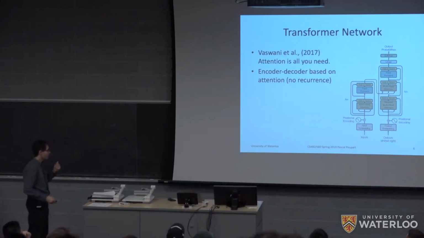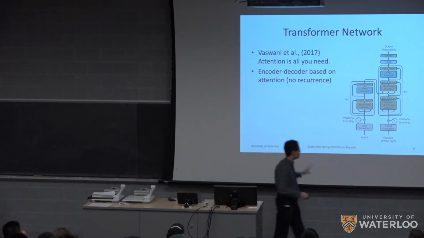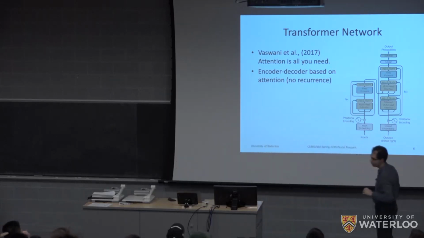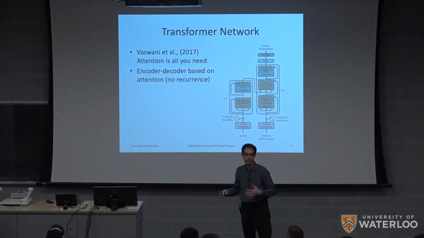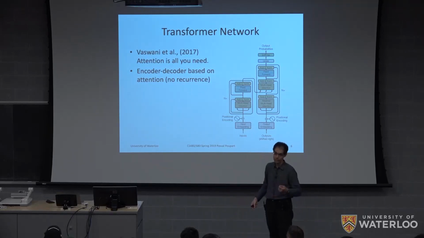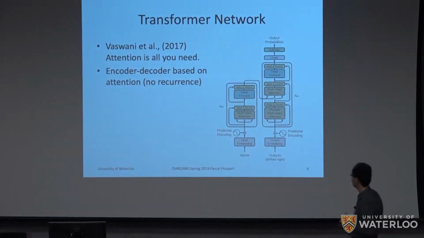Okay, so on this slide here, we've got a picture of the transformer network that was proposed in 2017. And this network has now displaced pretty much recurrent neural networks for sequential data. So this was a major shift in the thinking that people have now with respect to sequential data.